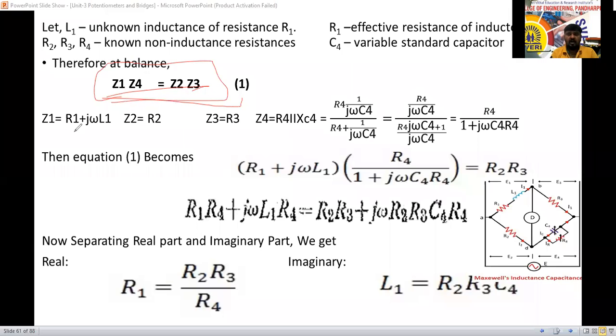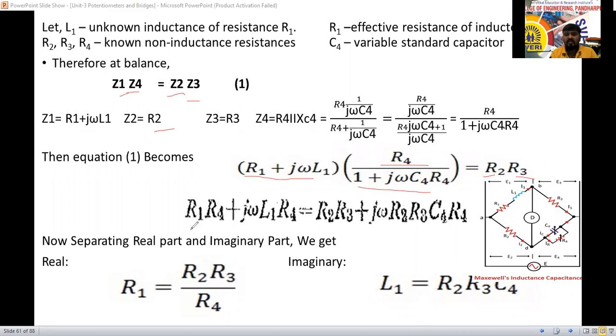Z1 equal to R1 plus j omega L1, I will substitute. Next, Z4 equal to R4 divided by 1 plus j omega C4 R4, I will substitute. Next, Z2 equal to R2, I will substitute. Z3 equal to R3, we will substitute here.